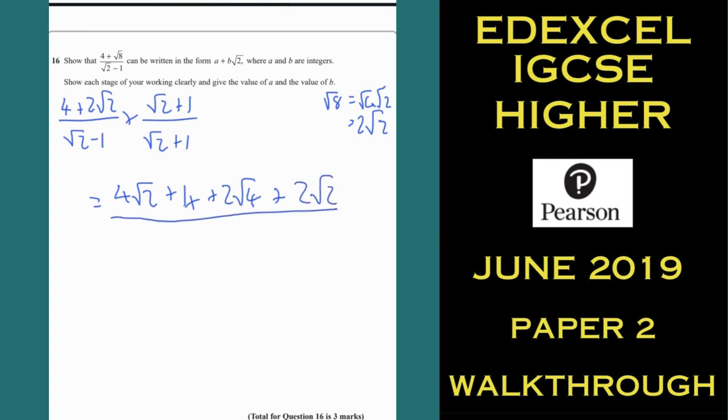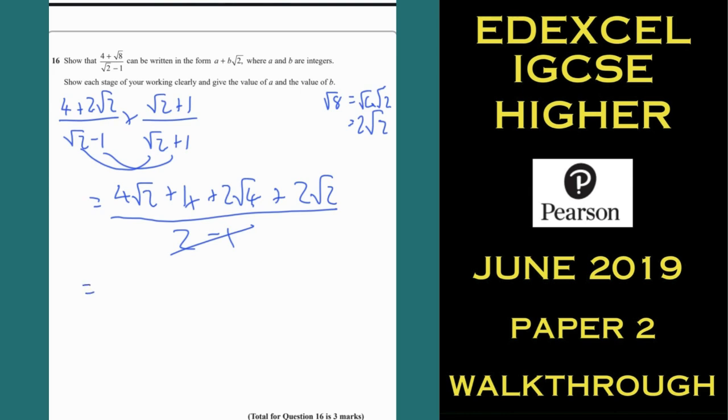And the bottom is where you only need to do 2 loops because the other 2 cancel out. So root 2 times root 2 is root 4 over minus 1. Well, hey presto, we can get rid of that. And that's a clue that you're doing it right because the mark scheme has basically no denominator.